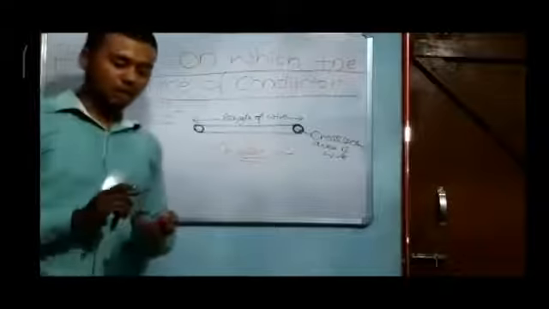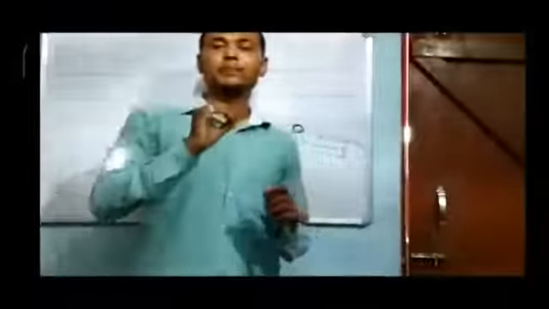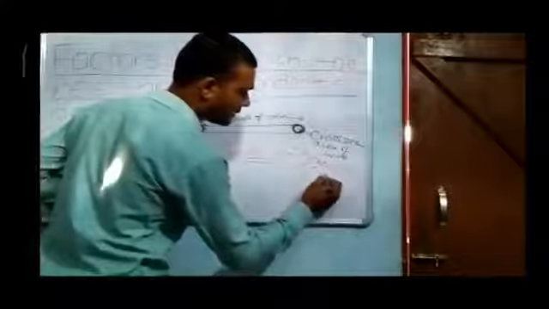What we notice in any metallic wire or conductor is, first, the length of the conductor. Second is the cross section area, which is the thickness. And third is the nature of the conductor.